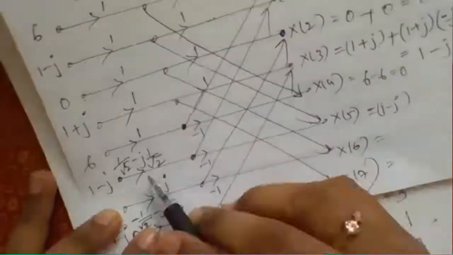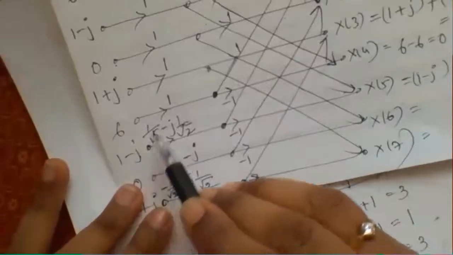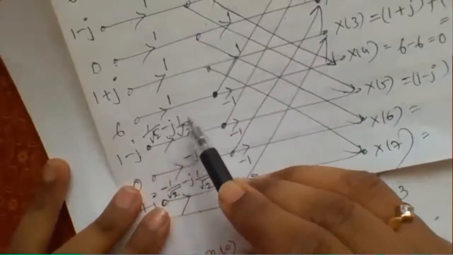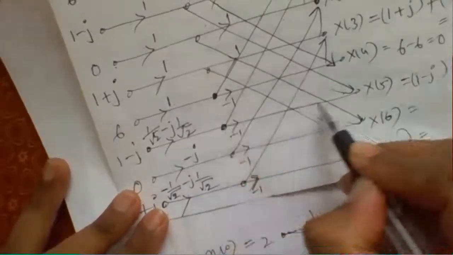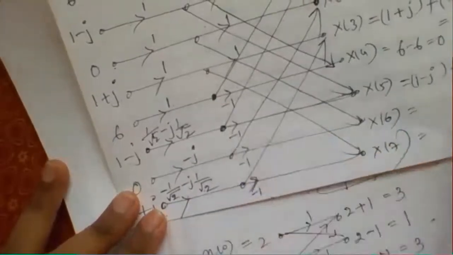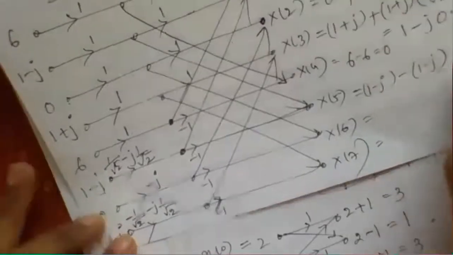Okay, the next term will be 1 minus j into 1 by root 2 minus j 1 by root 2, that into minus 1. So therefore 1 minus j minus 1 minus j into this product.